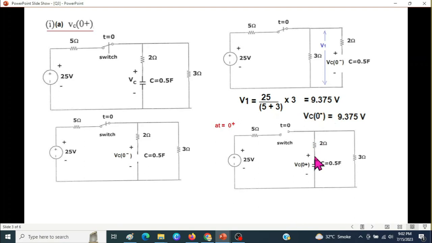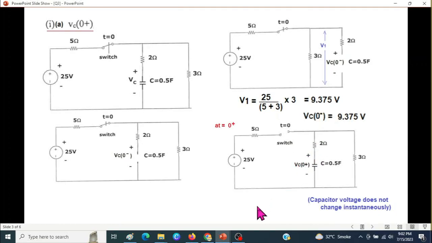Then whatever is the voltage across the capacitor will now be called VC(0 plus). Now there is a very important property, and that is that the capacitor voltage does not change instantaneously. Whatever was the voltage here before the switch was opened, the same voltage will remain here after the switch is opened.